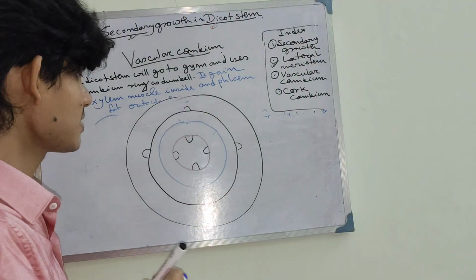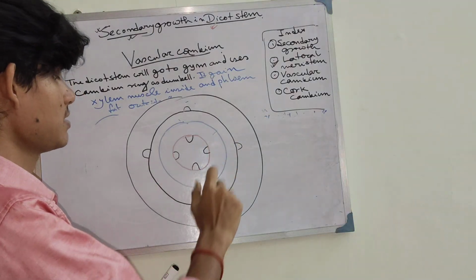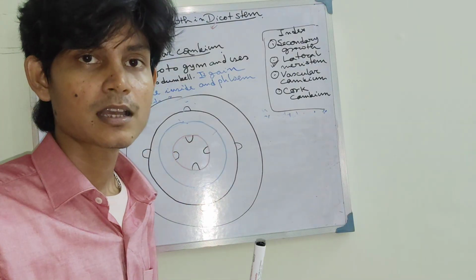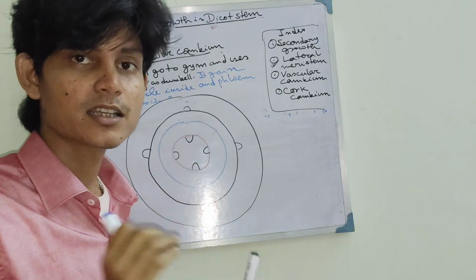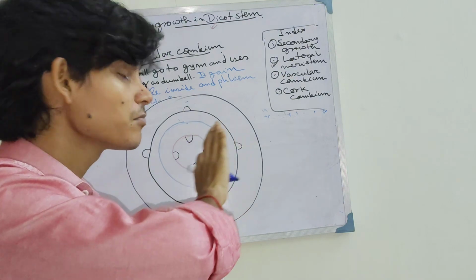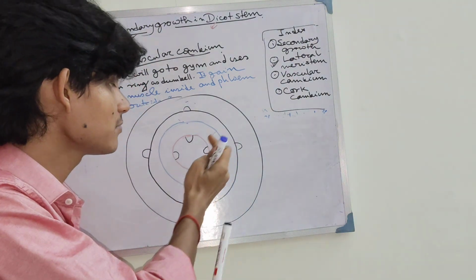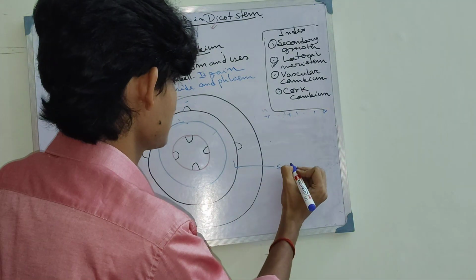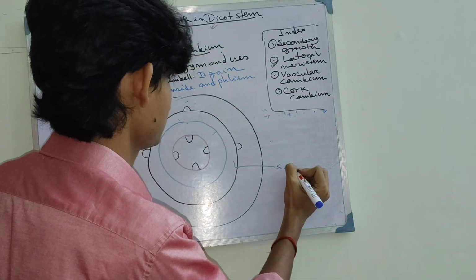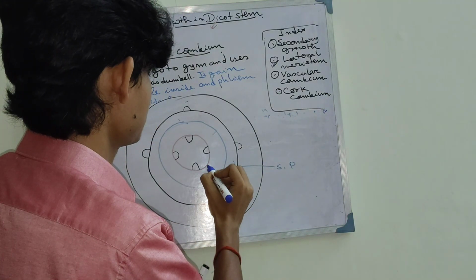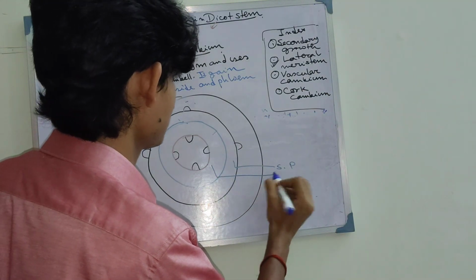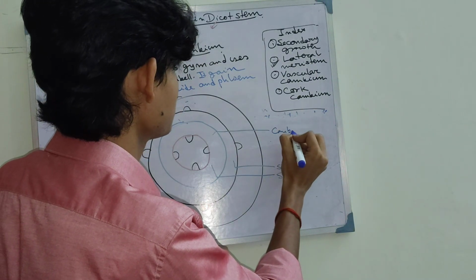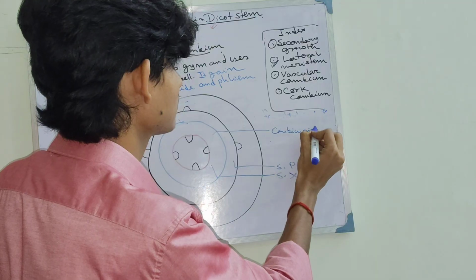The cambium has bifacial activity. It will produce secondary phloem towards the periphery and secondary xylem to the inner side. So this is secondary phloem, this is secondary xylem, and this is the cambium ring.